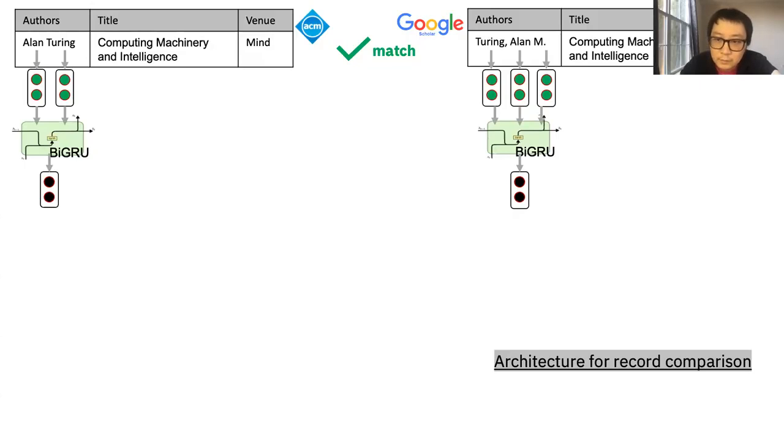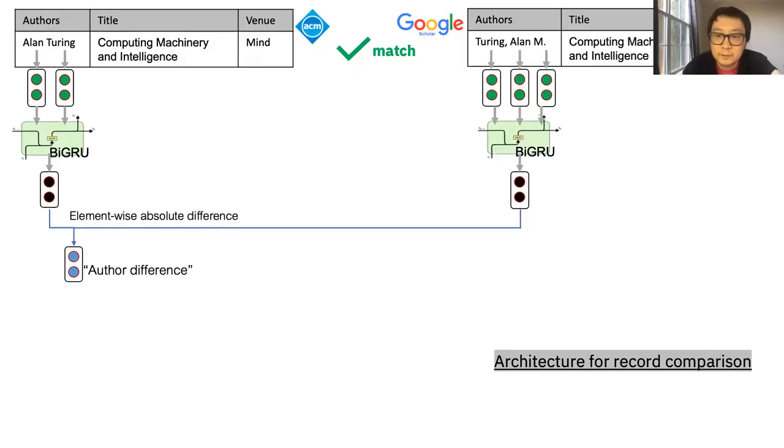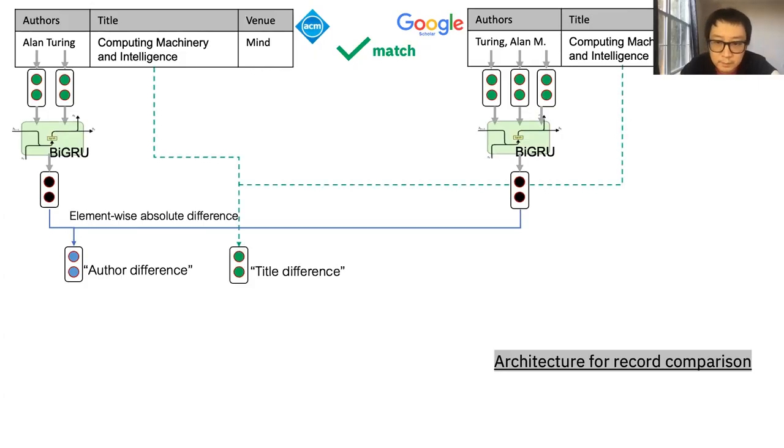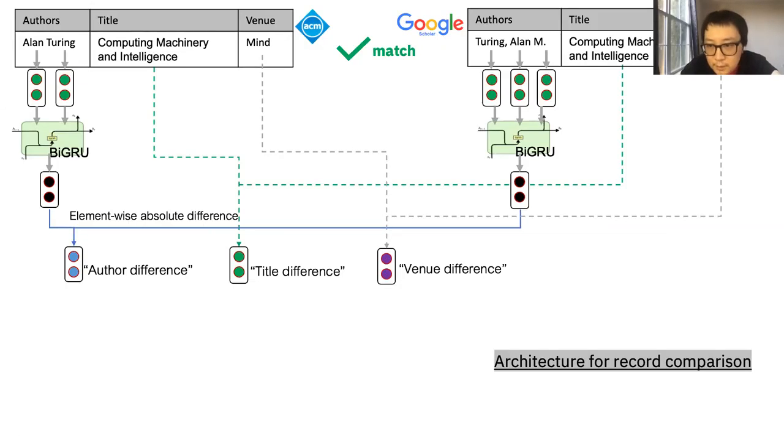Once we have the two authors vectors, we compute the element-wise absolute difference of the two vectors to get a single vector, which intuitively tries to capture the semantic difference between the two attributes. We repeat the process for the other two attribute pairs to get the title difference and the venue difference vectors.